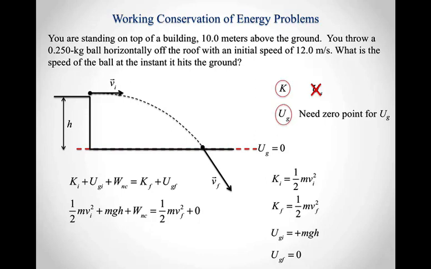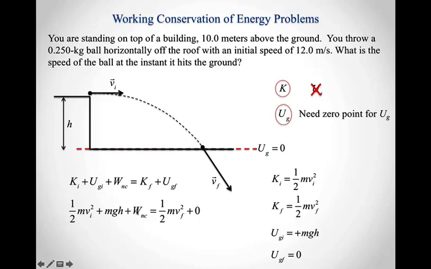And mostly what this is telling me, without worrying about the work done by non-conservative forces for a second, is that I'm starting with energy in two forms, kinetic and gravitational potential energy, but it's all being converted into kinetic, which means that I expect the ball to be moving faster when it hits the ground, and that certainly makes sense relative to our experience.